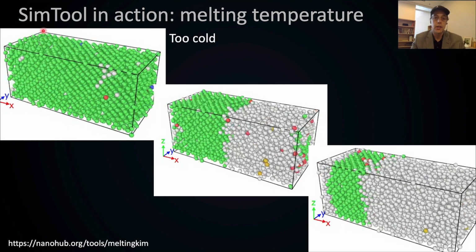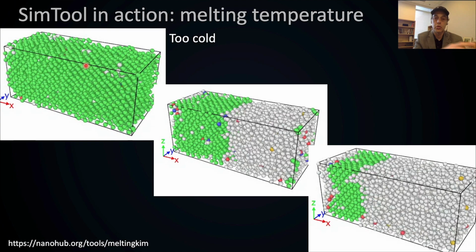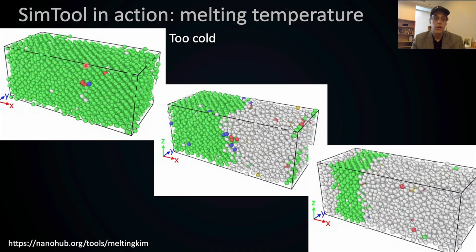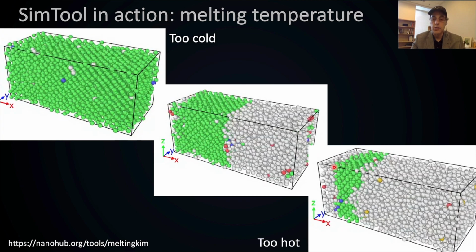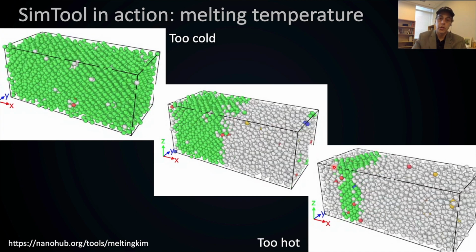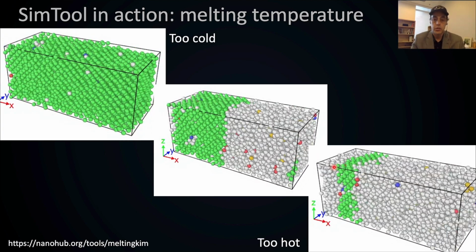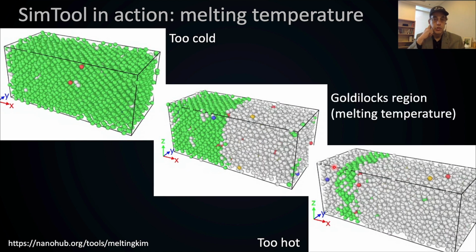You can see that the simulation at the top was too cold, and everything turned into a solid. The simulation at the bottom is too hot, everything is turning into a liquid, and the simulation in the middle, that temperature was the Goldilocks type of temperature where you have coexistence of the liquid and the solid, and from which you can obtain the melting temperature.